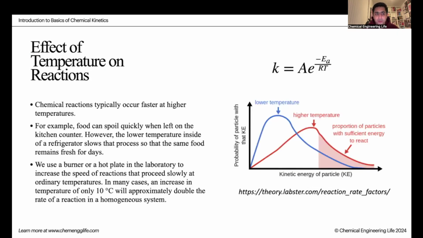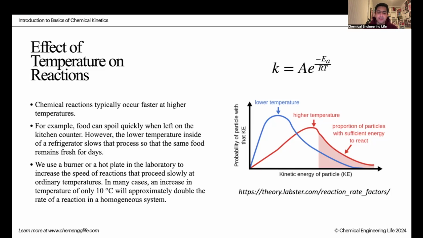So the very first one, like I said, temperature. A very good example of temperature affecting the reaction rate is you leaving your food on the kitchen counter. If you leave your food on the kitchen counter, it will spoil a lot quicker, right? That's something that we all know, something that has happened to all of us.